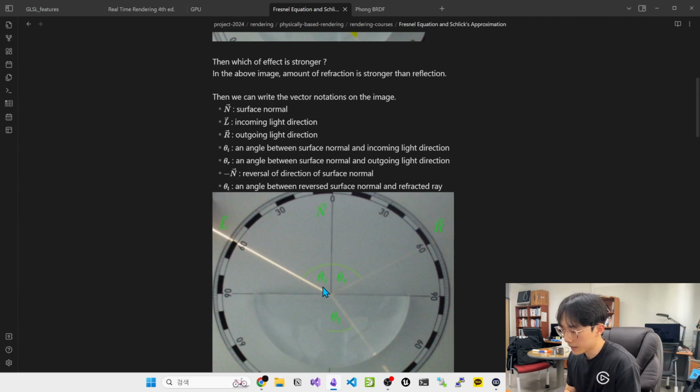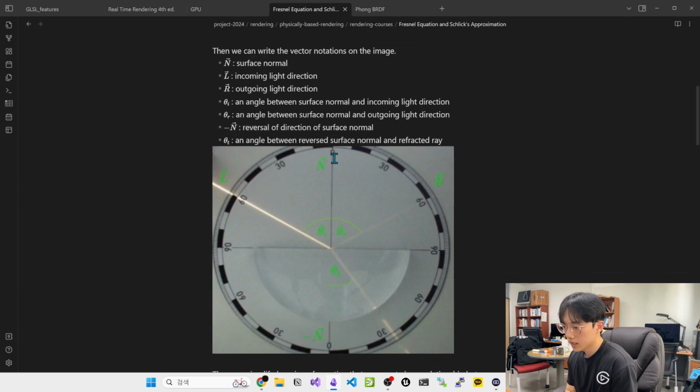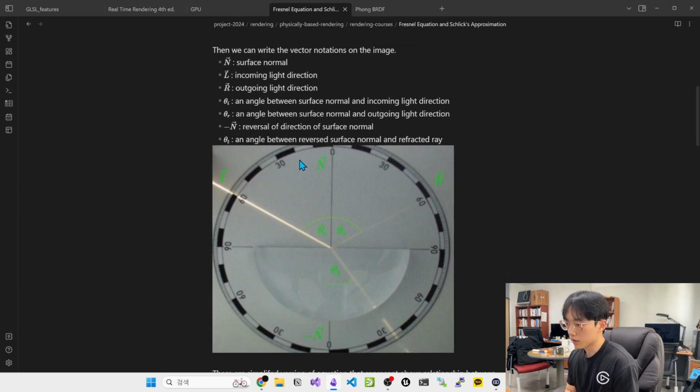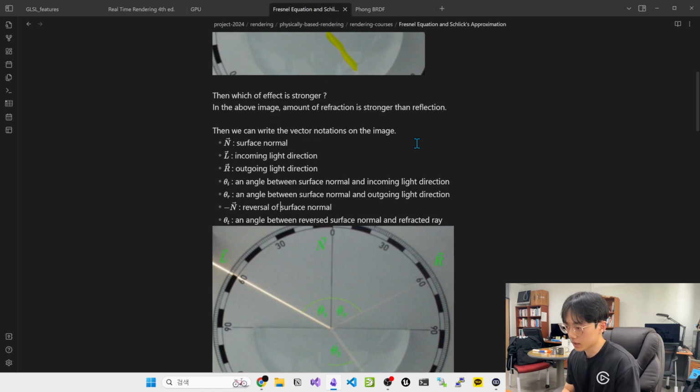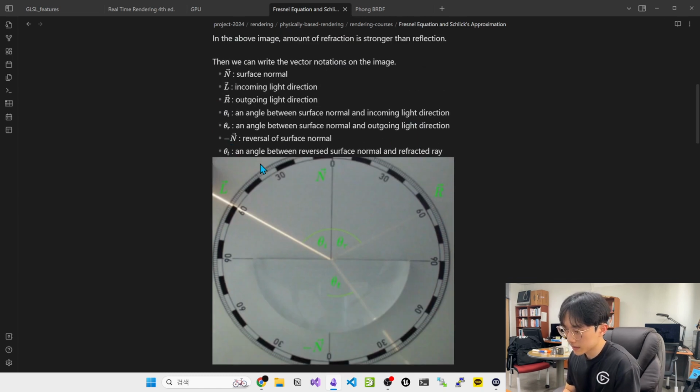Theta i is the angle between the incident light and the surface normal, and theta r is the angle between the surface normal and the outgoing direction. Minus n is just the reversal of the direction of the surface normal, and theta t is the angle between the reversed surface normal and the refracted ray.